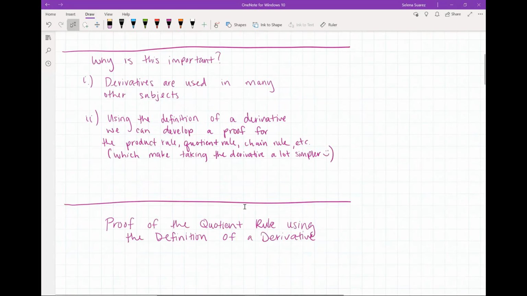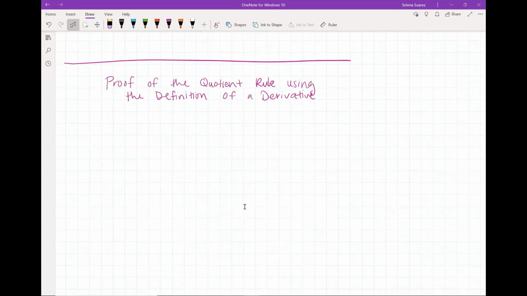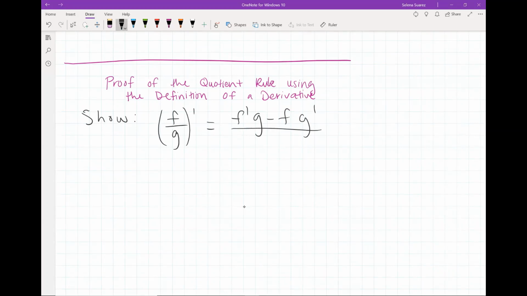We are going to go ahead and prove the quotient rule using the definition of a derivative. So let me just write down what I'm trying to show. And we have f prime. So this we know is the quotient rule.